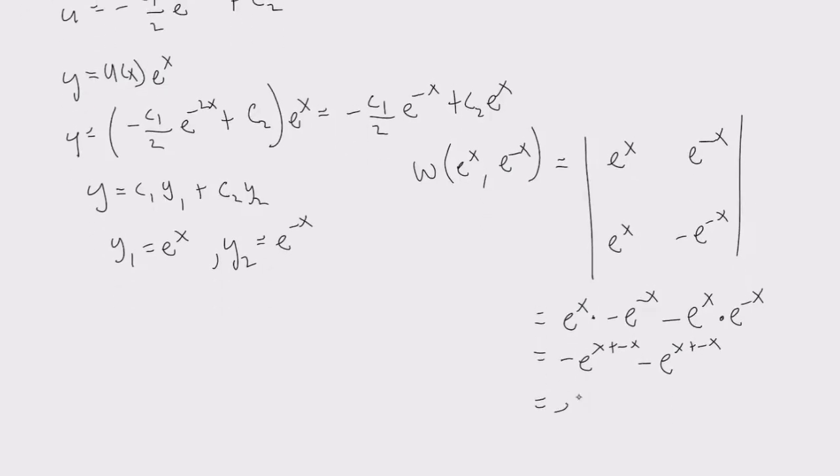All right, so that's negative e to the 0 minus e to the 0, which is negative 1 minus 1, which is negative 2. And the whole point is that it's not 0. So our two solutions, e to the x and e to the negative x, are independent solutions.